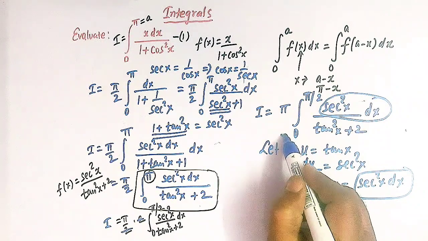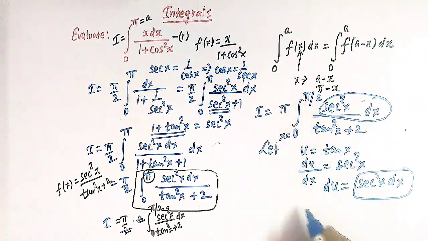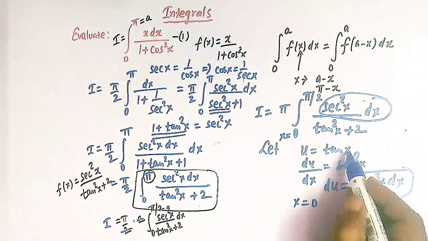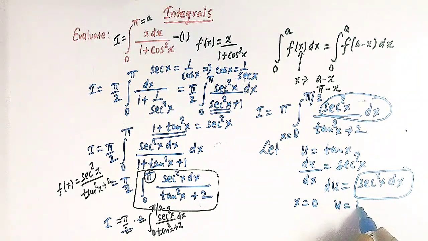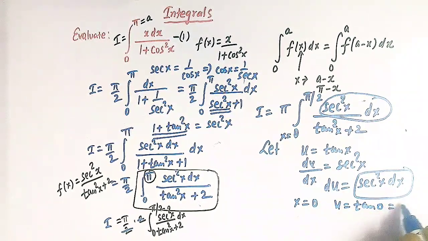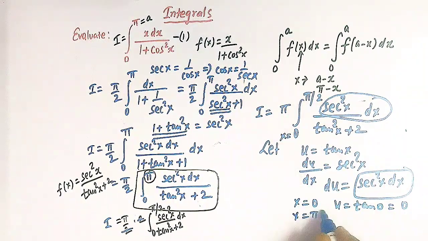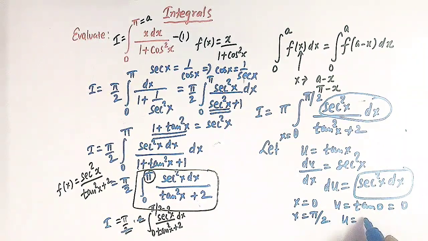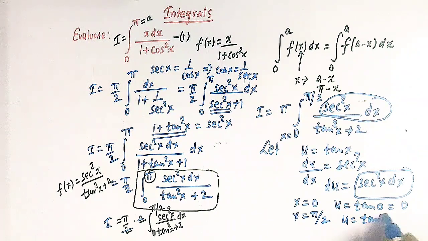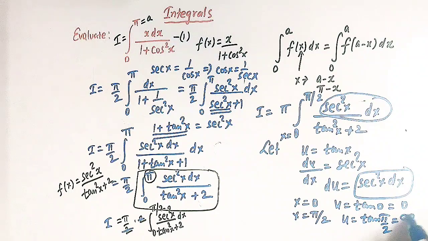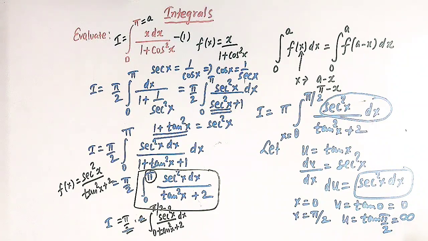So here x varies from 0 to pi by 2. So when x is 0, then u is tan 0, which is 0. And when x is pi by 2, we have u is equal to tan pi by 2, and this is not defined. So we can write it as infinity.